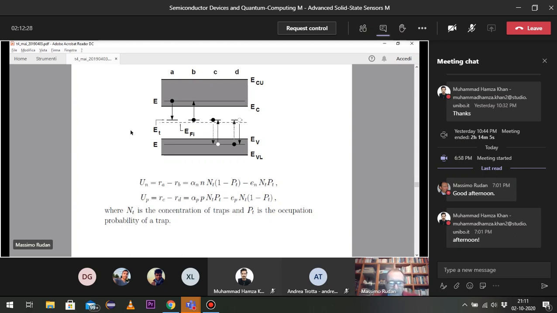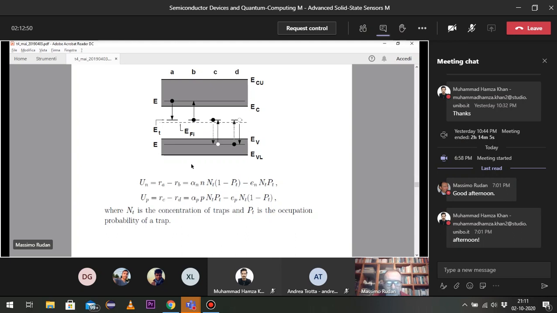The more electrons are present, the more transitions we expect to have, okay? So we start by setting RA proportional to the concentration of the electrons of the conduction band, okay?